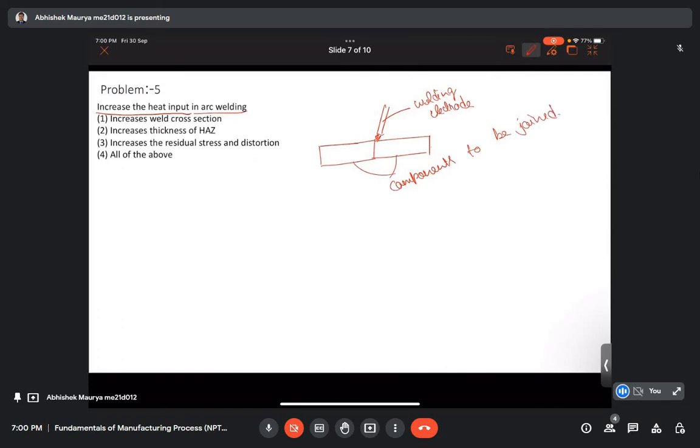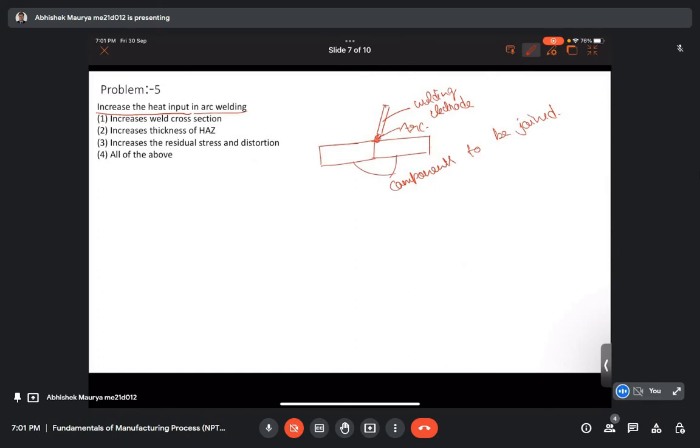Okay, so what will happen here in arc welding? We know when we bring our welding electrode near the faying surfaces, then because of the potential difference between this electrode and the components that need to be joined, the arc is produced, and because of that arc heating will take place.